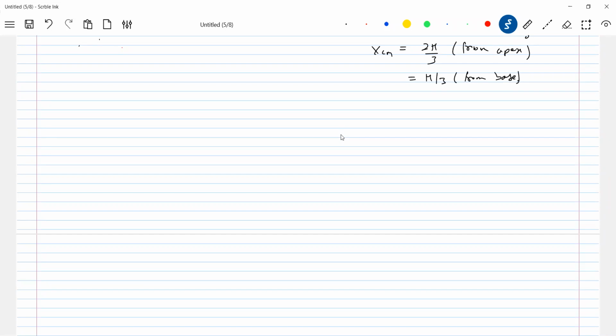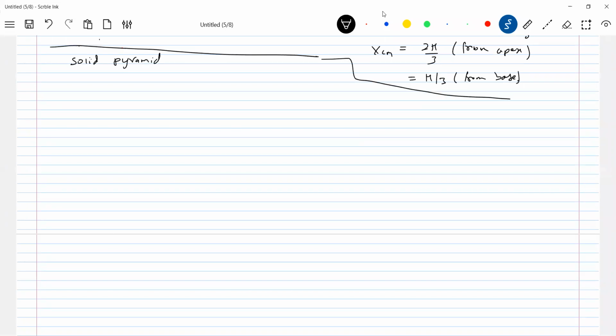Okay, after this, we'll go for the solid pyramid, the last one. Solid pyramid of height h. Let me take like this, solid pyramid of height h with a square base.